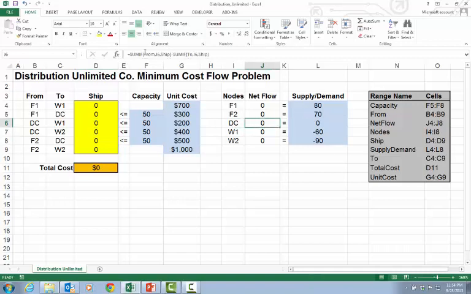So again, take a look at it. That's SUMIF from the range, but we're looking for the value in I6, which is the letters DC, and then it's saying the thing to sum up will be in fact the values corresponding in the ship range.